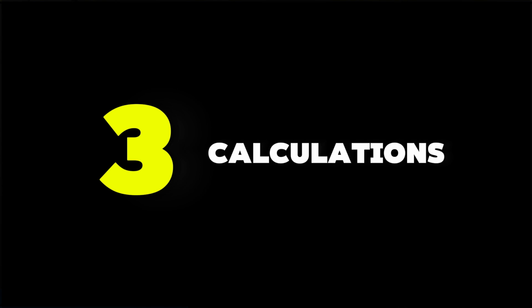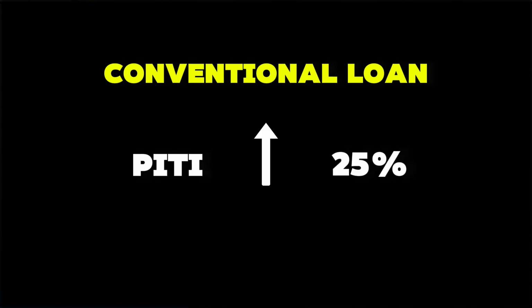Because in the underwriting world, the lease purchase means that the contract has an open-ended date, and there are three calculations you need to take into consideration depending on the Subto loan you're taking over. If it is a conventional loan, take the PITI and raise it 25% more.